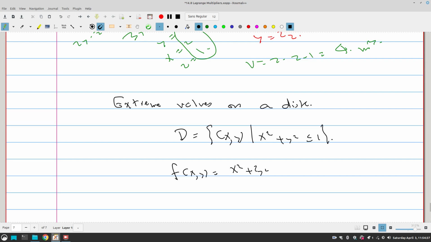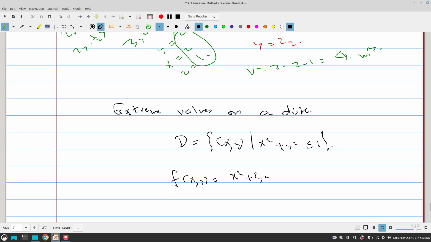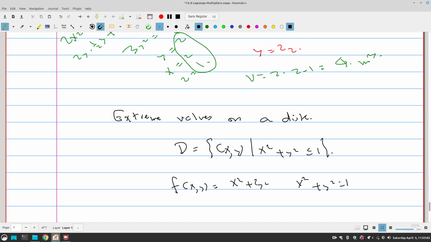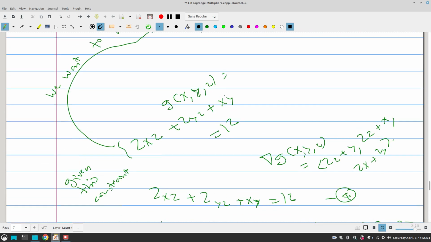Now if you recall from the previous lecture on critical values, in order to find extreme values on a domain, you find extreme values on the boundaries of the domain, and you find extreme values inside the domain, and then you compare. So what are the extreme values on the boundaries? Well, the boundary is x squared plus y squared equals 1, and we found the extreme values on the boundary, right?